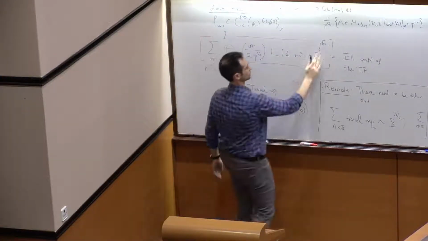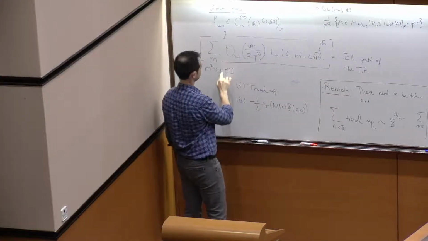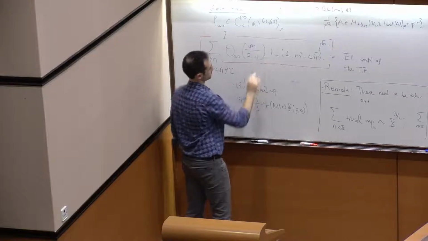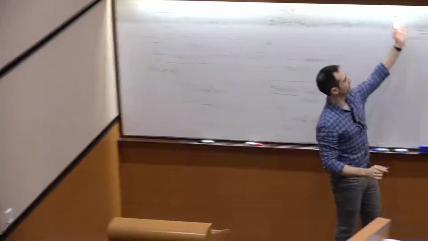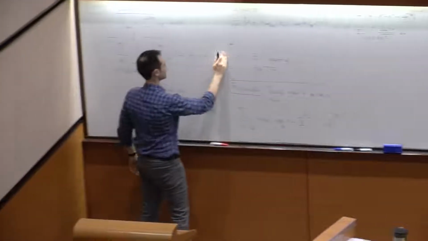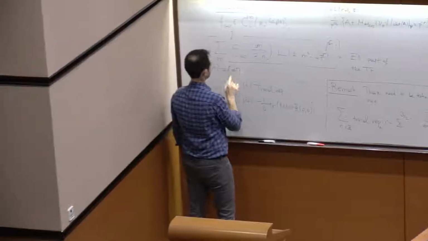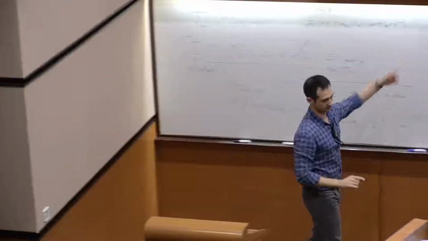I could have as well just set this to be n. It doesn't matter what n is for now. The only issue is if I set this to be n, then this is going to get complicated, so I don't want to do that. So let's do it just p to the r. Otherwise it's a product over divisors of it.